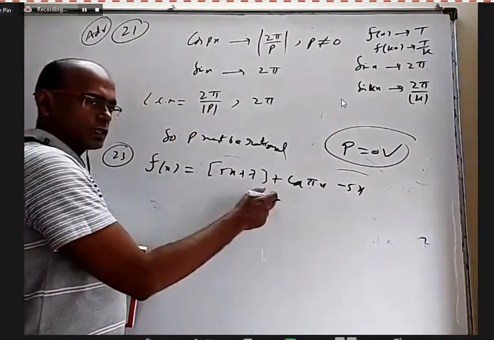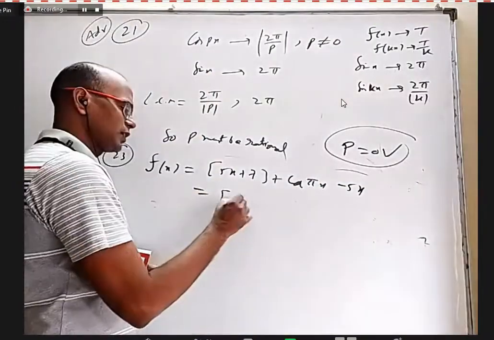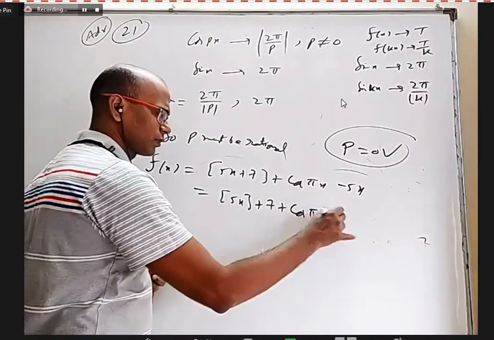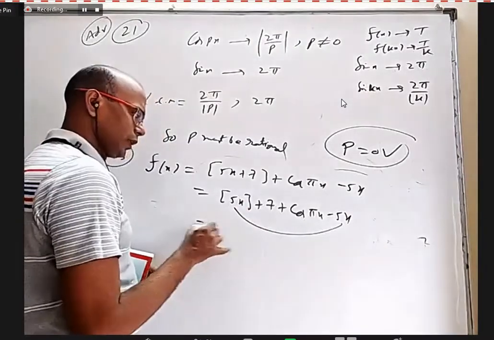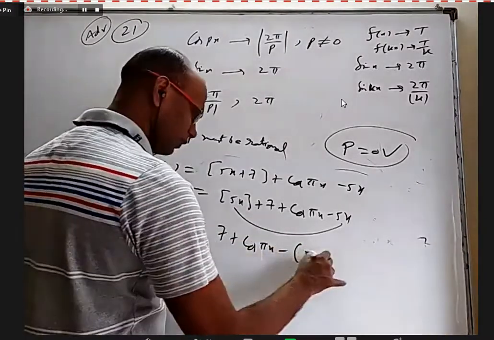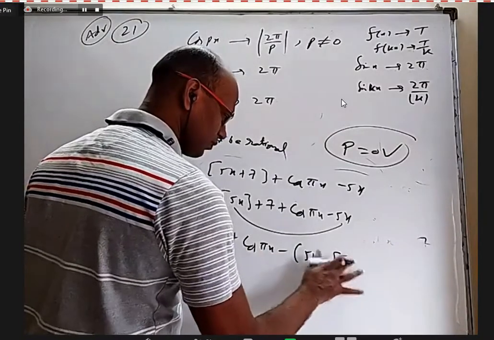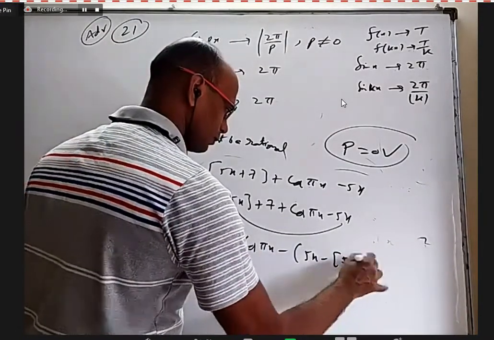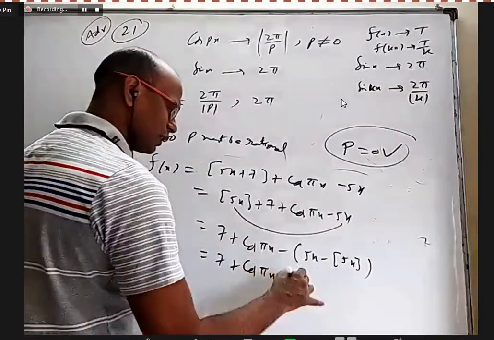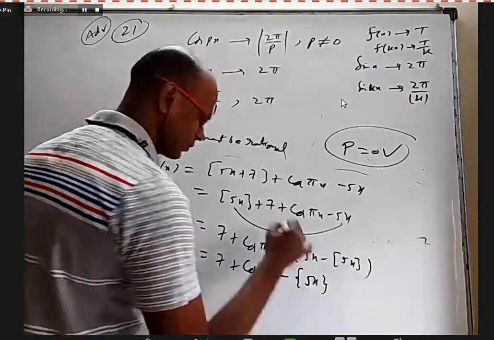I can take the 7 outside. It will be 7 plus integer part of 5x plus cos pi x minus 5x. Combine these two, you will get 7 plus cos pi x minus 5x minus integer part of 5x. So 7 plus cos pi x minus fractional part of 5x.